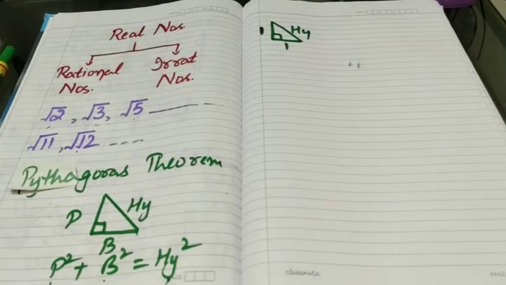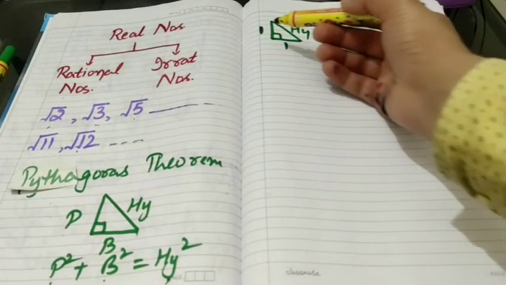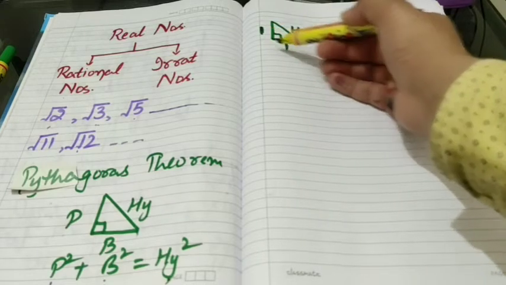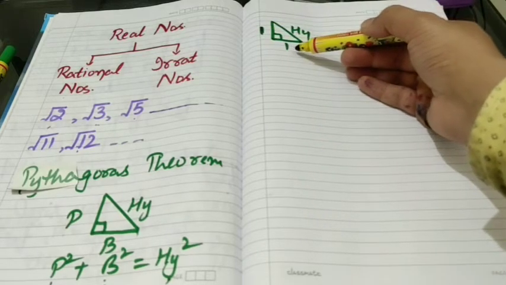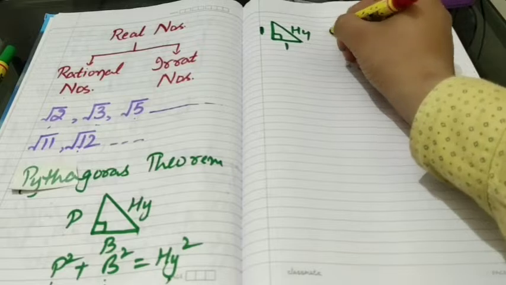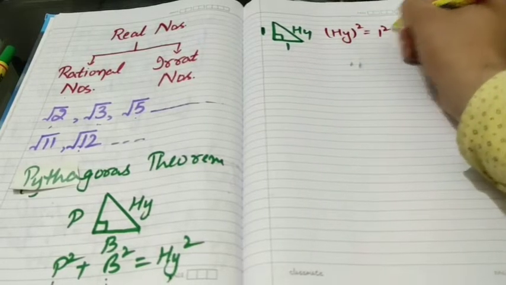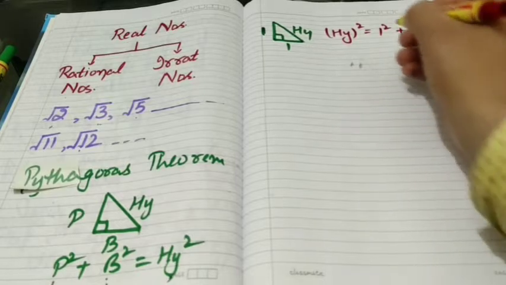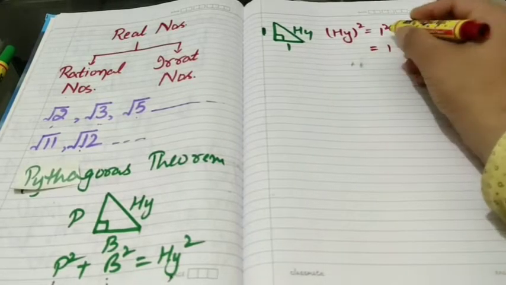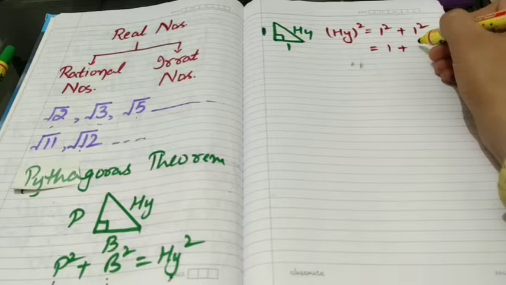Let us suppose we have a right angle triangle with perpendicular 1 unit and base 1 unit. By using Pythagoras theorem, the value of hypotenuse square will be base square plus perpendicular square. So it will be 1 square is 1 plus 1 square is again 1.